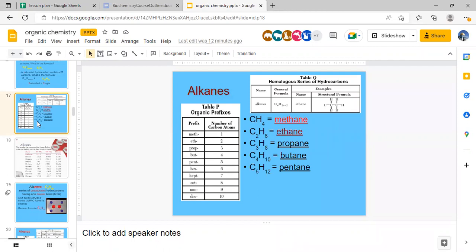So you can guess naman yung the rest of the alkanes based sa prefix. So tandaan nyo na lang yung mga polygons. So you have pentane, hexane, heptane, octane, nonane, decane. Okay? So ang general formula mo again is CnH2n plus 2.